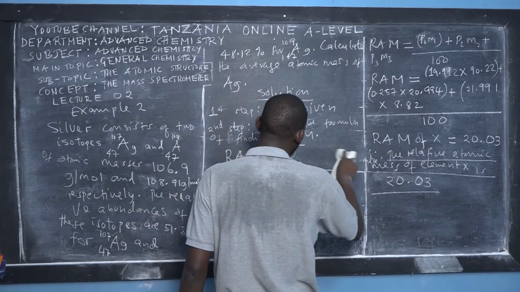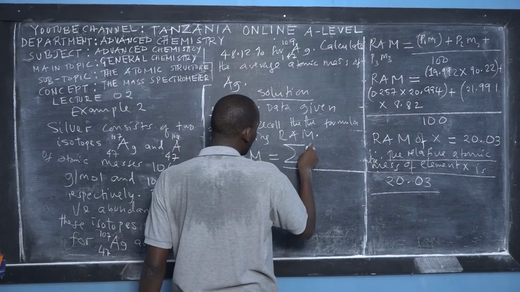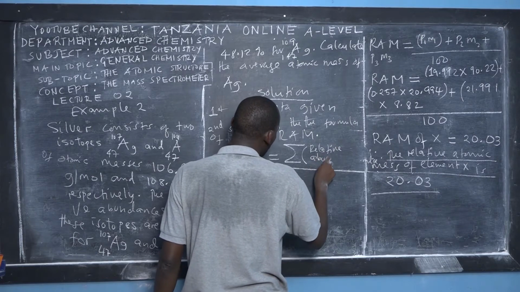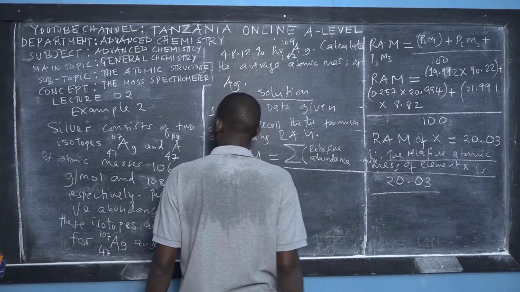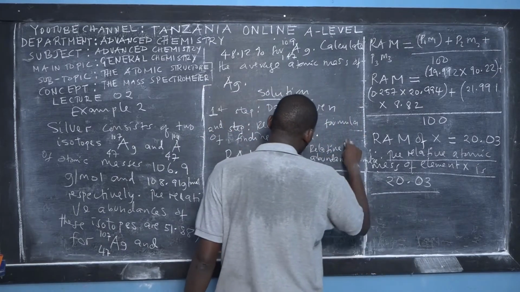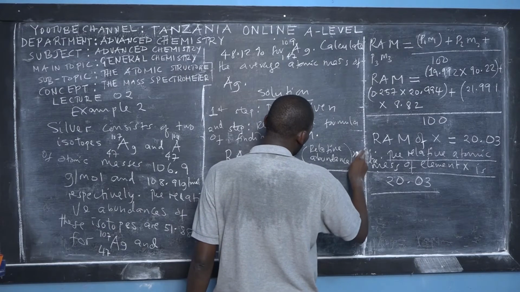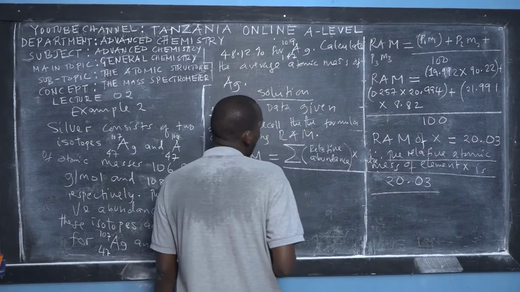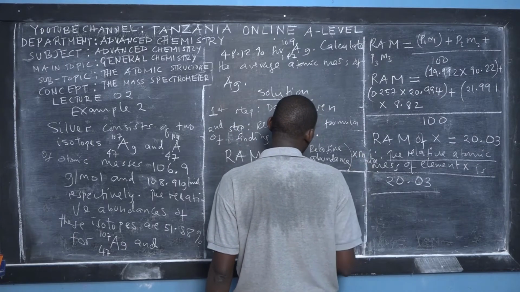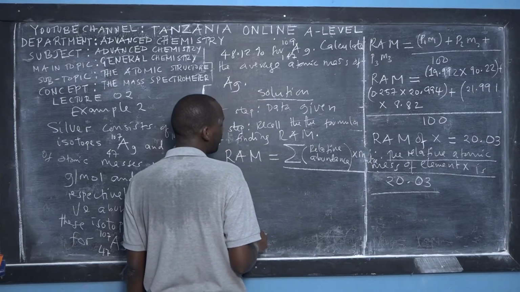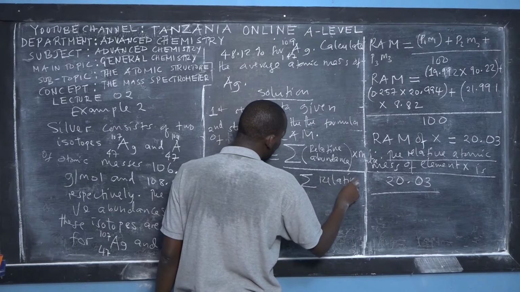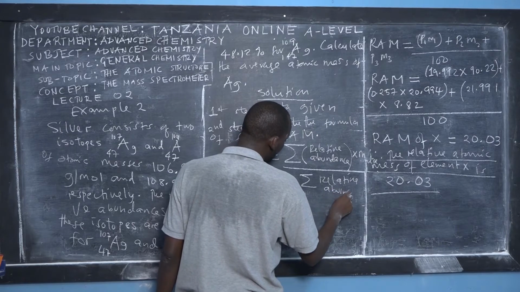This will be the product between the relative abundance times isotopic mass, divided by the sum of relative abundance.